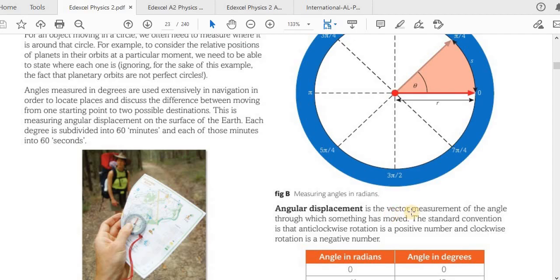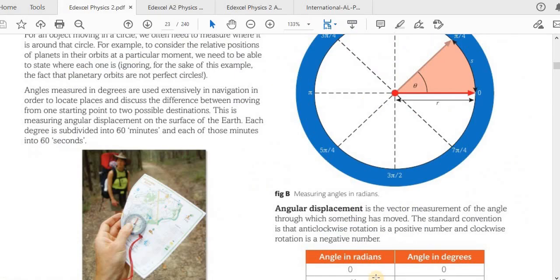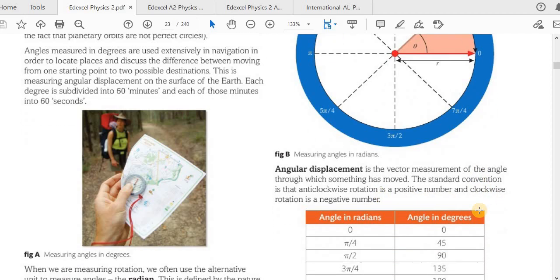Angular displacement is the vector measurement of the angle through which something has moved. I showed that when I drew this: we measure the angle anti-clockwise as positive. The standard convention is that anti-clockwise rotation is a positive number and clockwise rotation is a negative number.